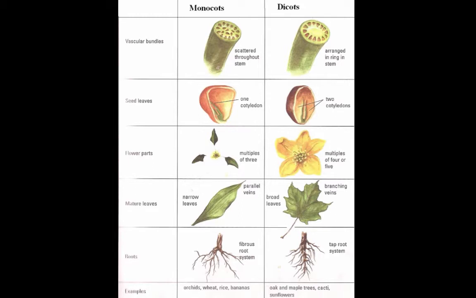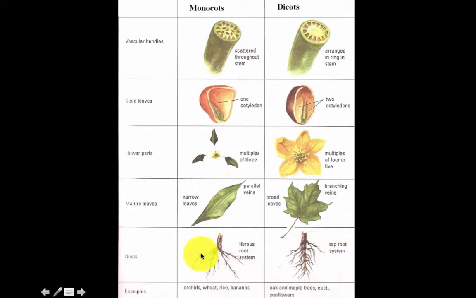Same thing with corn, same thing with sugarcane. Dicots, on the other hand, have really broad leaves, so the venation is definitely not parallel. It's kind of branching. Hibiscus has this kind of leaf, so that's definitely a dicot.